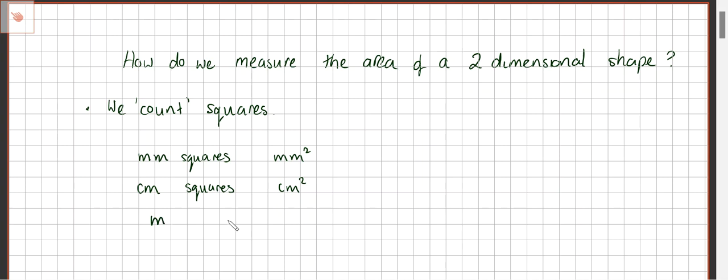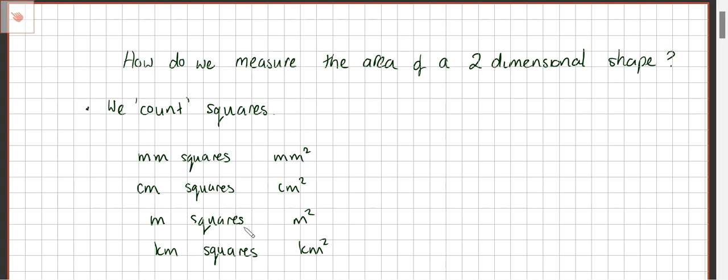We could have meter squares, which would be a meter, and we actually go all the way up to kilometer squares. All right? The square kilometers. So what we're doing is we look at a shape and we figure out, oh, how many squares would go in that? Now, some shapes, it's really easy to count how many squares there are, right?